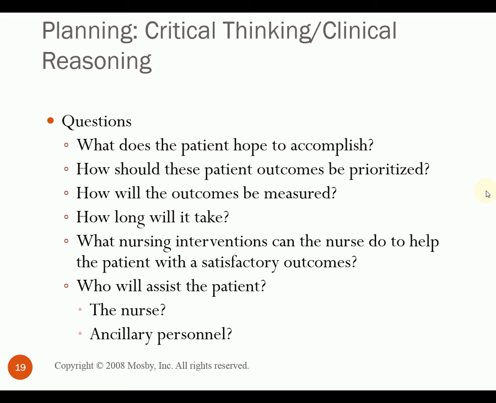So what nursing interventions can we do to help the patient with a satisfactory outcome? And when we're planning, most of our interventions should be planned so that the patient will be doing the intervention. We're going to bring forth the intervention, but the patient will do that intervention.